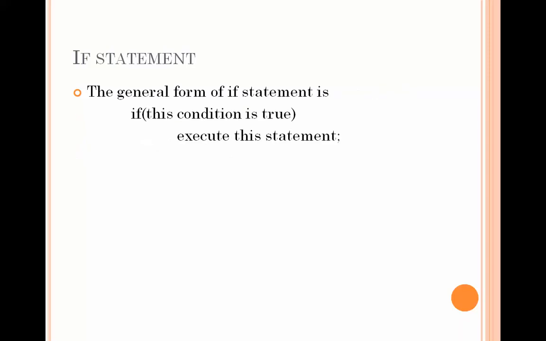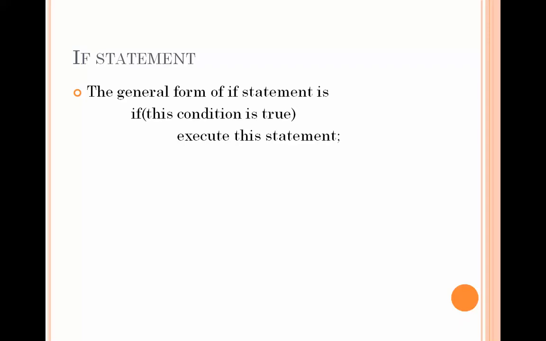If we talk about the general syntax of the if statement, we have a keyword if in the C programming language, followed by brackets. In these brackets we have to mention the condition.